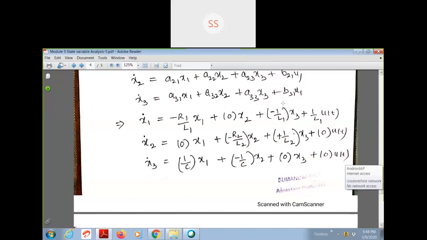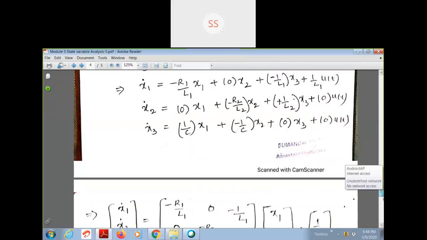Similarly, in the x3 dot equation, x1 and x2 were present, but x3 and u of t were not there, so put them as 0, 0. Their values may be present or they may be 0, but they have to be written in the standard format so that it is easy for us to write the matrix form.